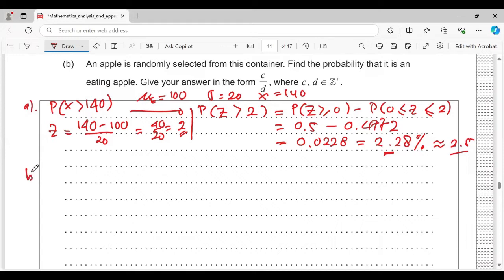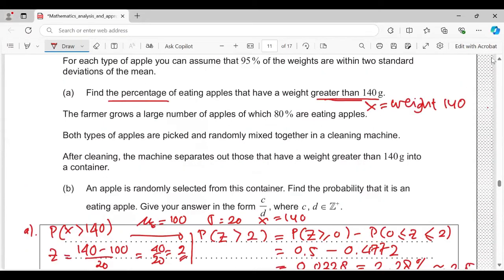And part B. The farmer grows a large number of apples, of which 80% are eating apples. Both types of apples are picked and randomly mixed together in a cleaning machine.